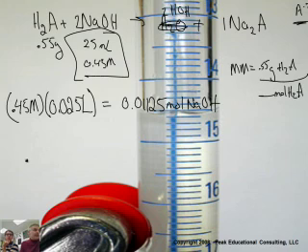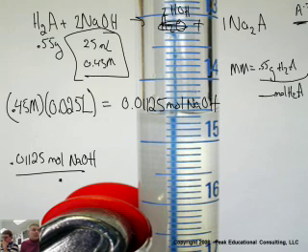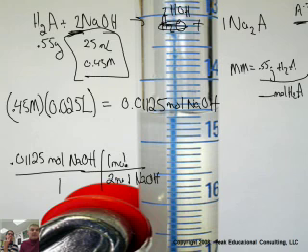So I'm going to pull that down here and take 0.01125 moles of NaOH over 1. Now watch this: 2 moles of NaOH, because of the 2 in the balanced equation, is 1 mole of H2A.